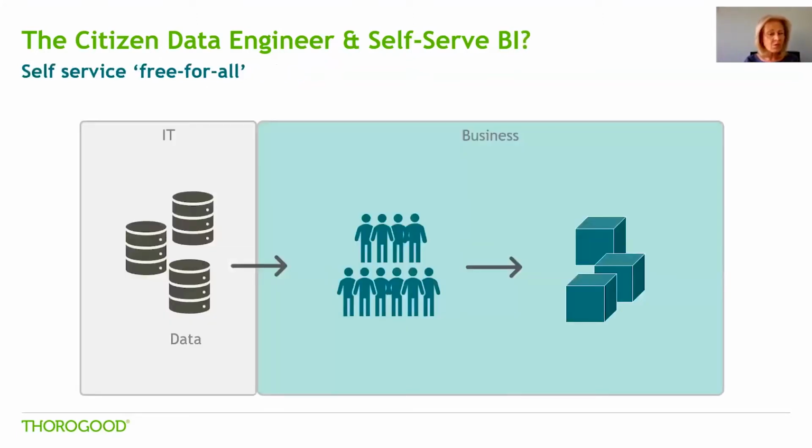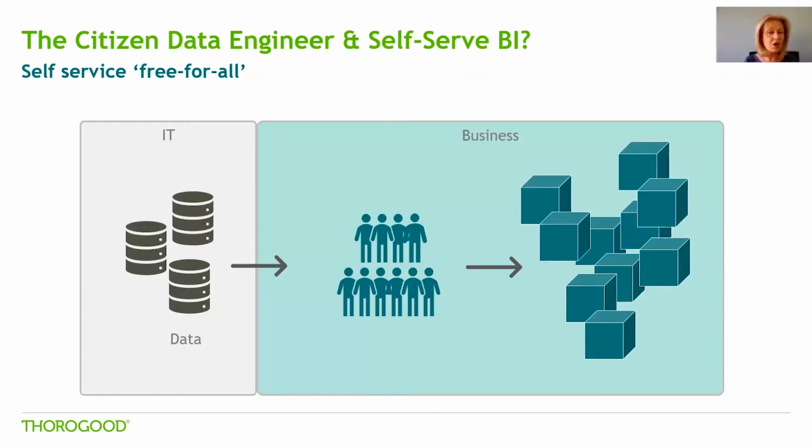What happened after that? Well, I think certainly with customers that I've been working with, we quite often saw a kind of hands up by IT, acknowledging the challenges and saying, we'll give you the data, we'll become the data curators, you guys can then do the business modelling, if you like. And it kind of worked to a certain extent, but I think what we often saw was quite a big proliferation of applications, lots of business users building the same thing.